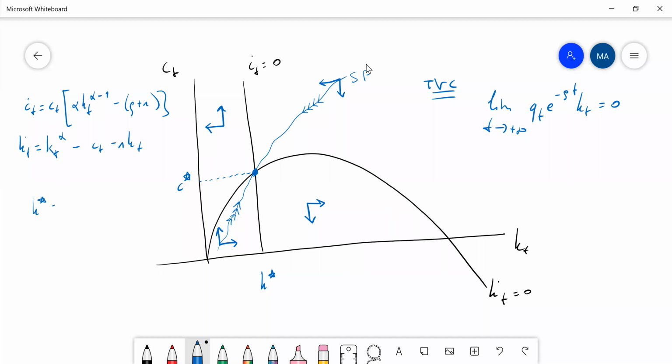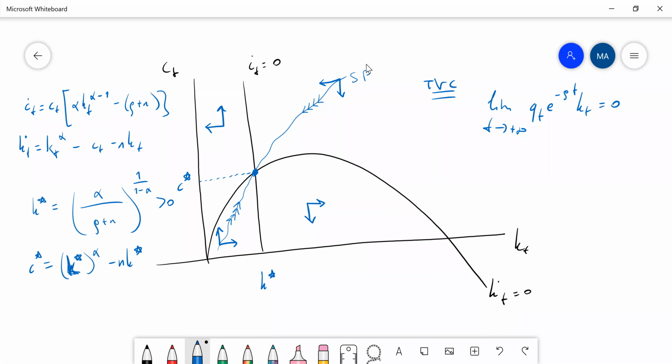So K star would be alpha over rho plus n, to the 1 over 1 minus alpha. Then you can find C star by plugging this into the K dot equals 0 equation. So C star will be simply K star to the alpha minus n times K star.